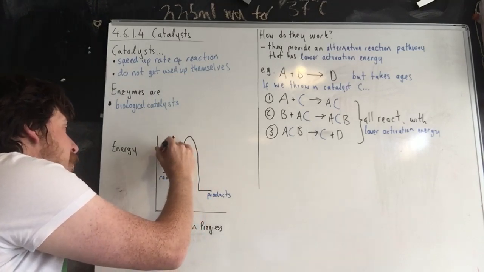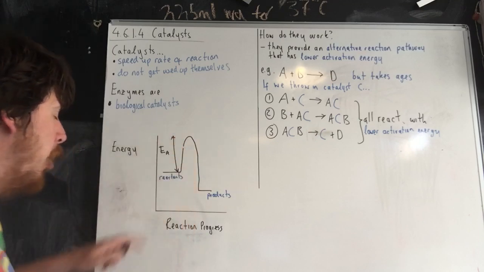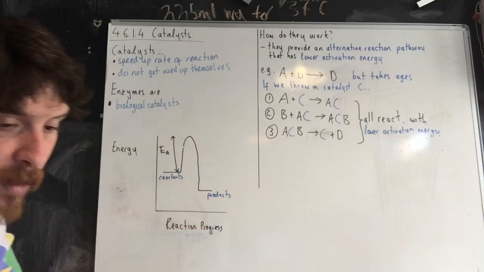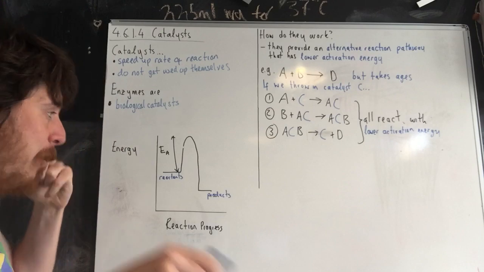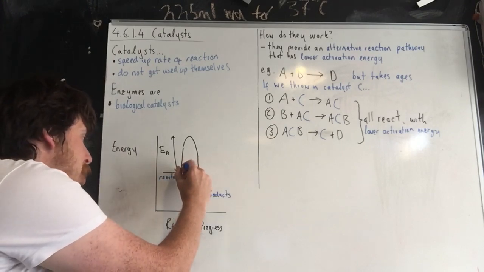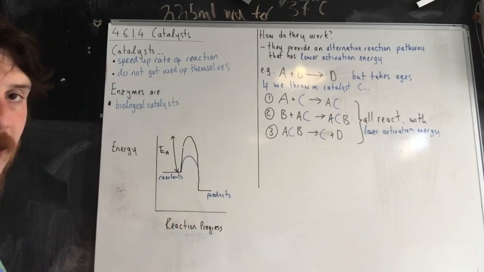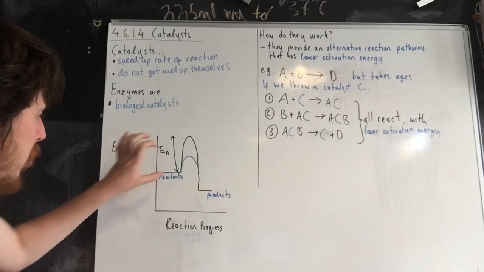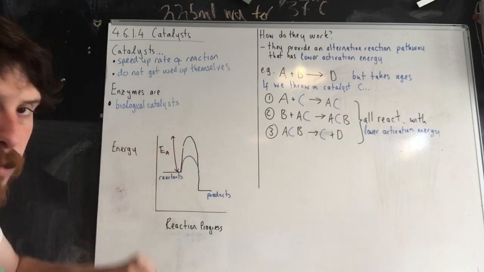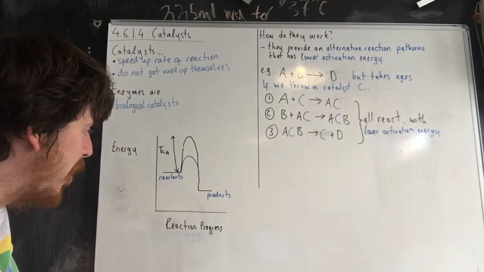So our activation energy is that hump there to make them react. However, if we introduce a catalyst, your activation energy is lower. And that's the difference. You don't need as much energy to make it react, so therefore you speed up the rate of reaction.